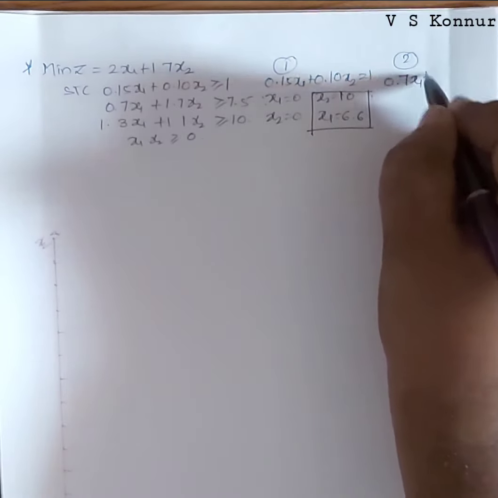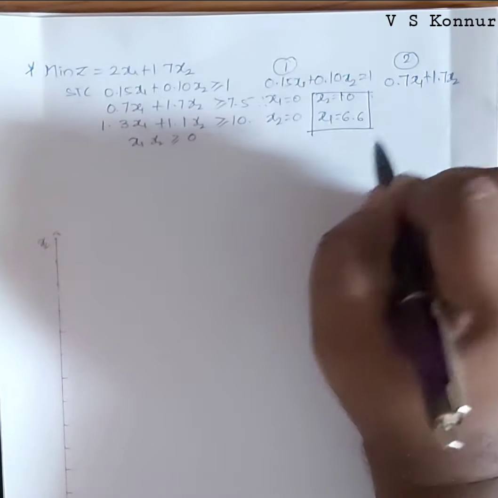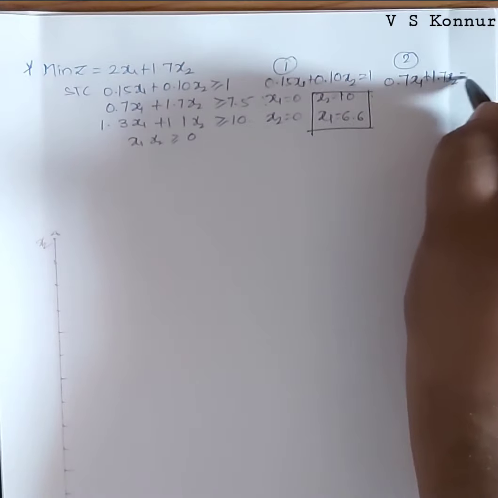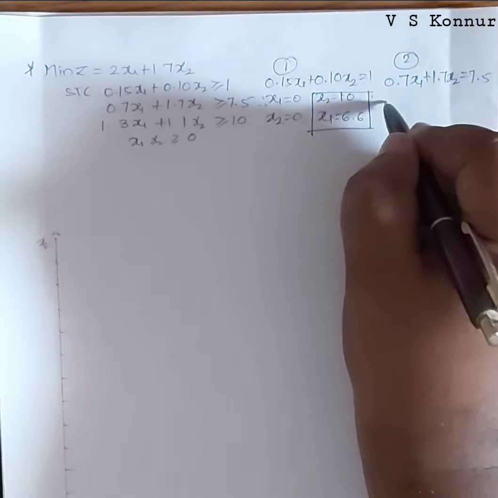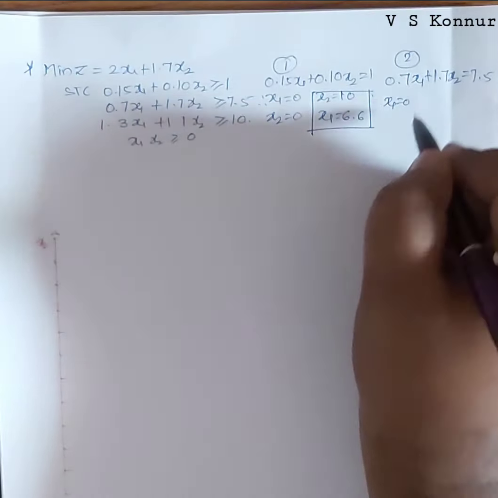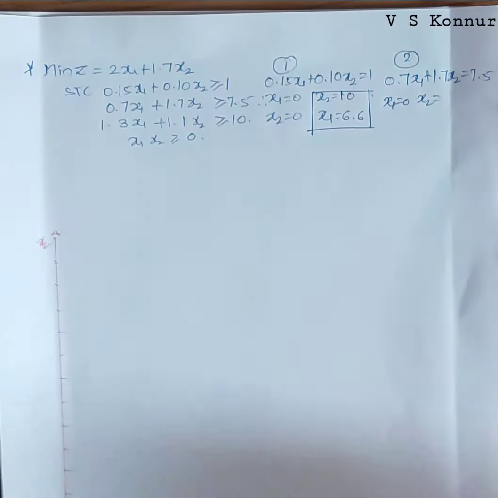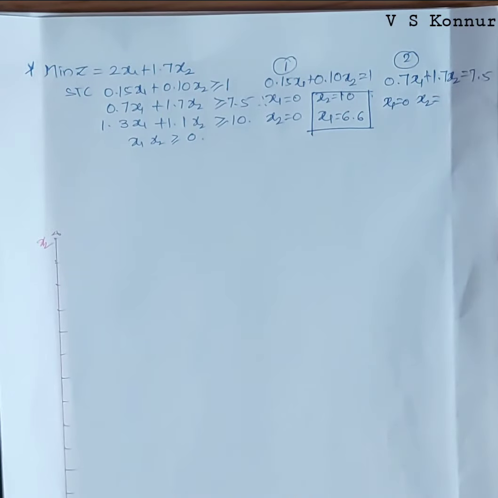0.7x1 plus 1.7x2 is equal to 7.5. Put x1 equal to 0. Then x2 is equal to 7.5 divided by 1.7. So we get 4.41.